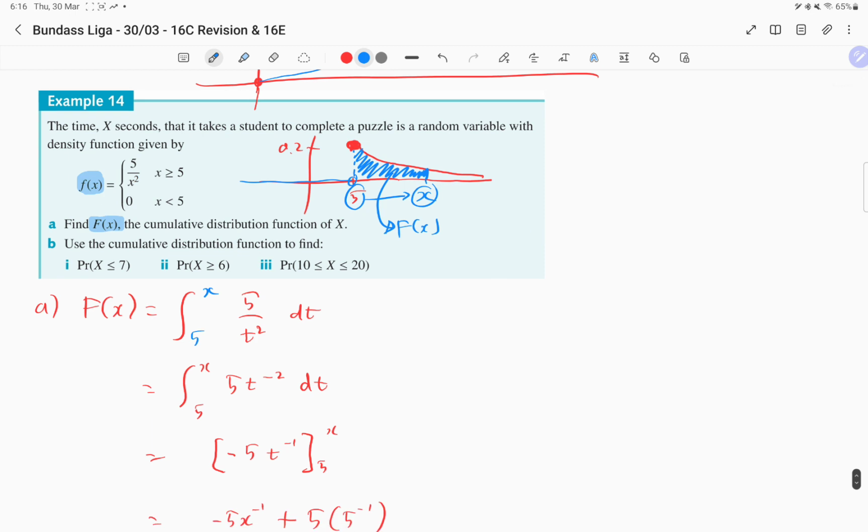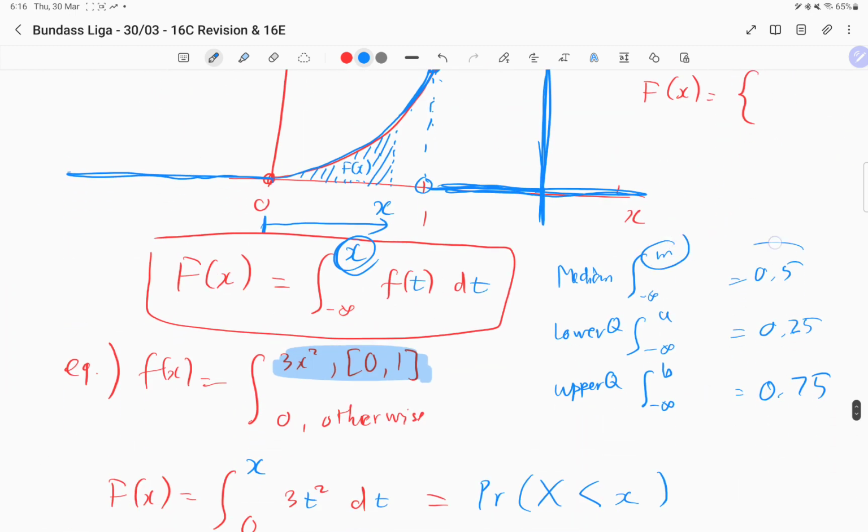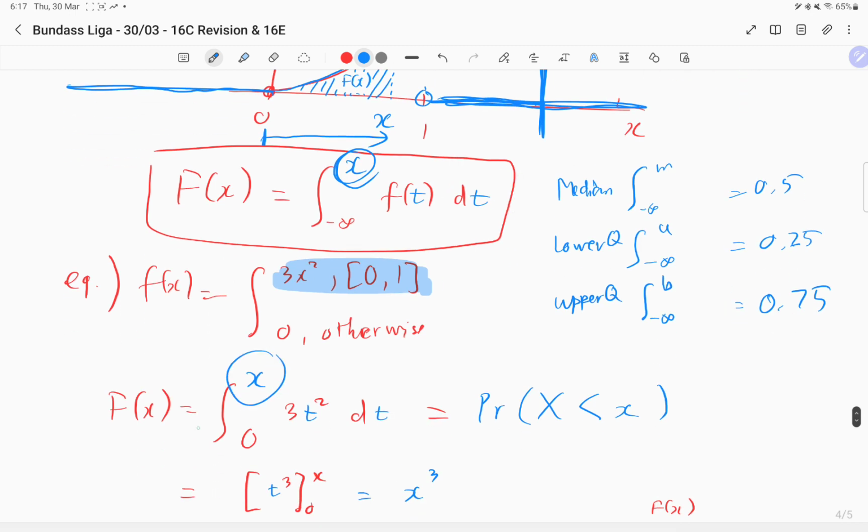So from the left to an x value, because we're not defining what that x value is. Remember previously, if we define it as m, then that's a median, and we know the area is 0.5. If we define it as a, then that's the lower quartile, and the area is 0.25. But we call it x because we're not trying to find a value, we're trying to find a function.